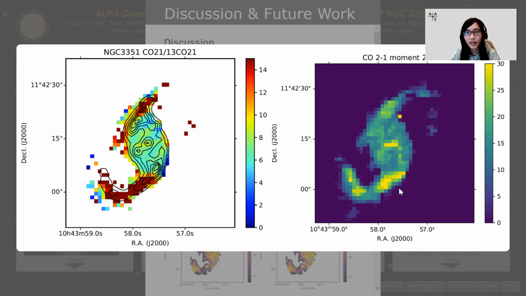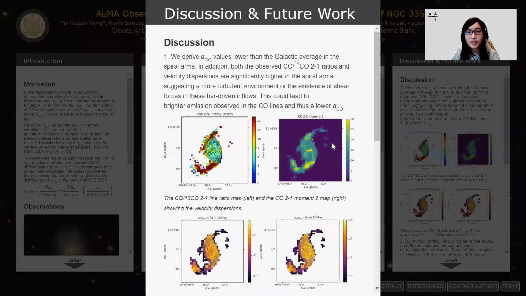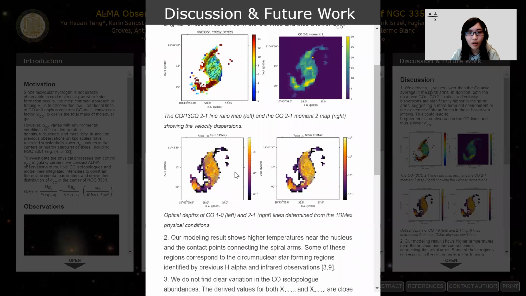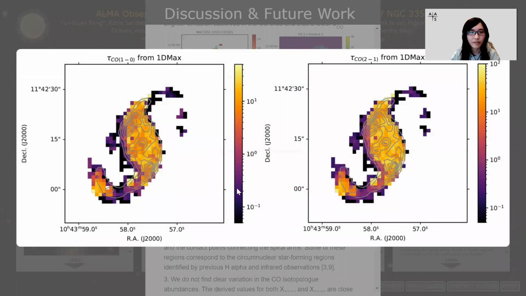And this may indicate a more turbulent environment or the existence of shear forces in these bar-driven gas inflows. And these are also consistent with our derived optical depths. So here we can clearly see that the optical depths are lower in the arm regions.